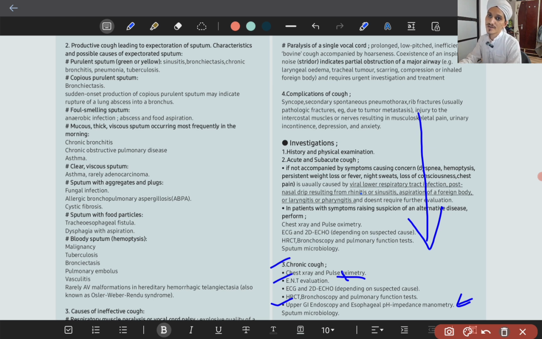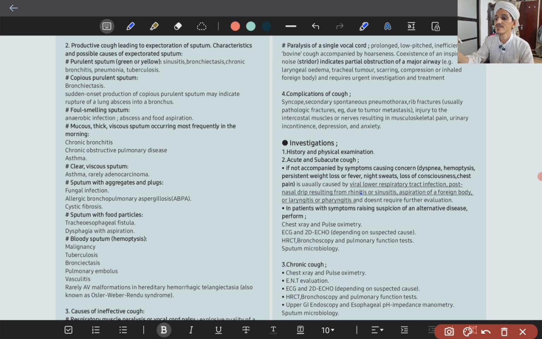Above that, you will refer to a pulmonologist, or a cardiologist if you are suspecting a cardiac cause. If you are suspecting an ENT cause, you will refer the patient for ENT evaluation. And if you are suspecting a GI cause, you will perform GI endoscopy and refer the patient to a gastroenterologist.